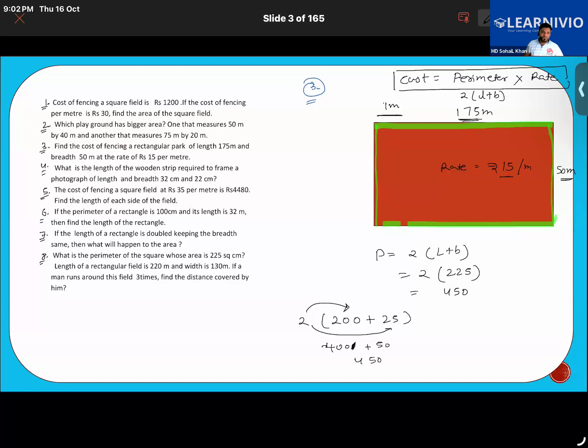So 5 fives are 25, then 20, add. Is it 4,750?